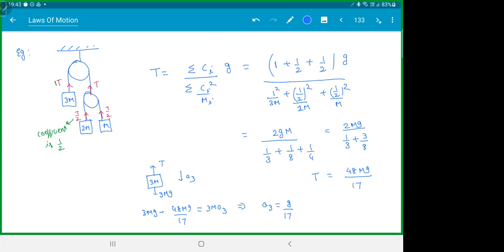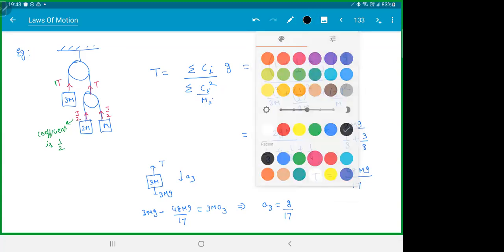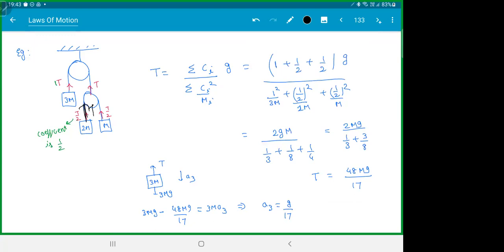So you can find tension in any string. You could have chosen this point as T, okay? If you had taken this as T, this will be 2T. Then the coefficient will be 2. Coefficients will be 2, 1, 1. So put it in the formula appropriately, you'll get the answer. So you have to choose a tension T in any string and start from there. You will get the tension value. Have a look at the example. Let me give you a problem like this, you can try.